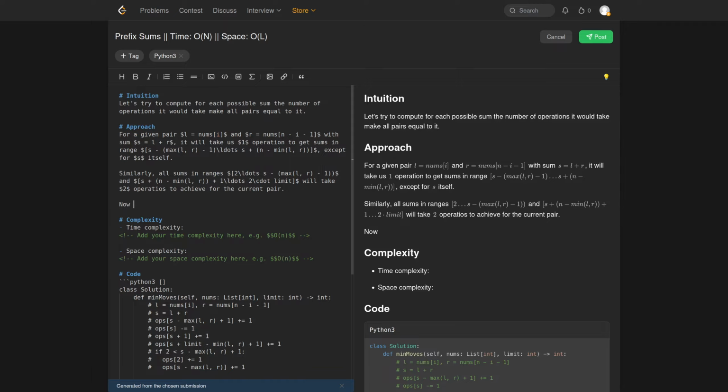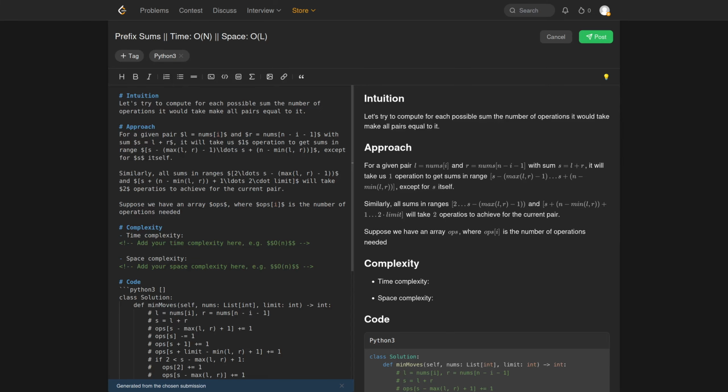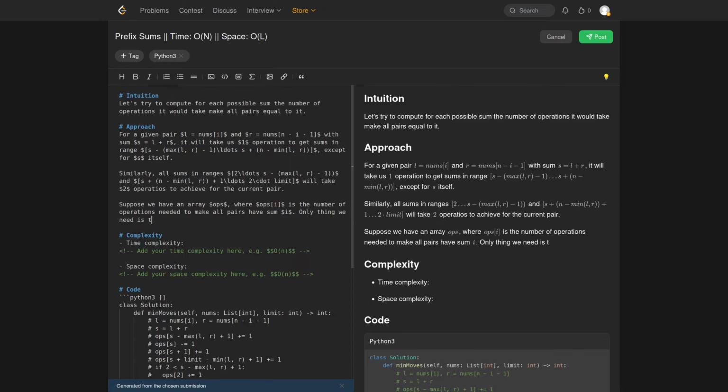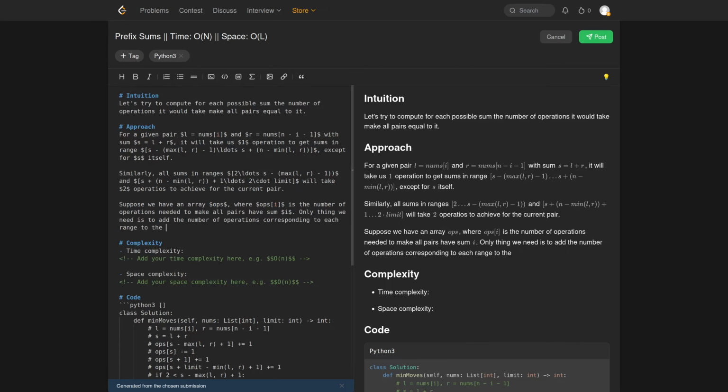Ops where ops[i] is the number of operations needed to make all pairs have sum i. The only thing we need is to add the number of operations corresponding to each range to all positions in the range.